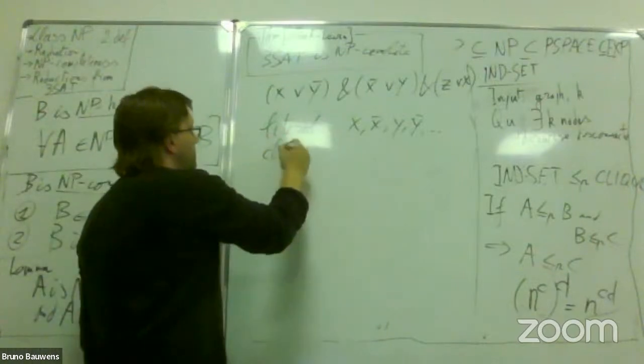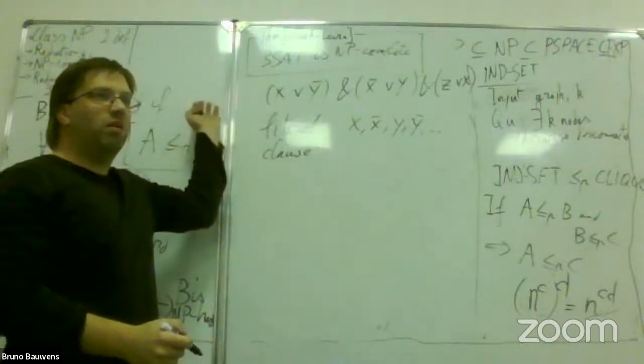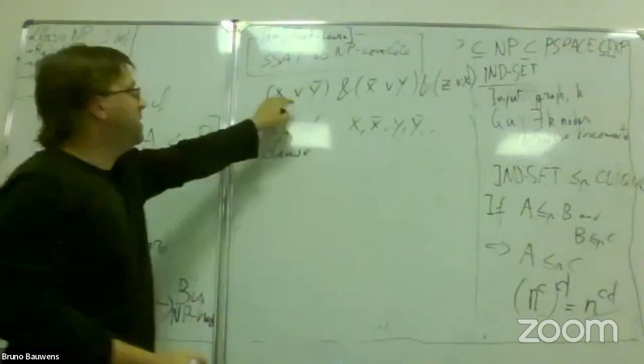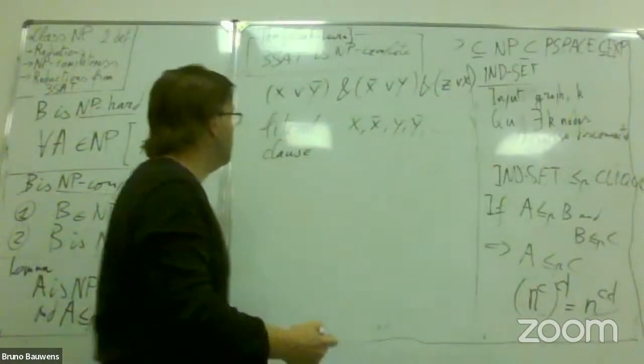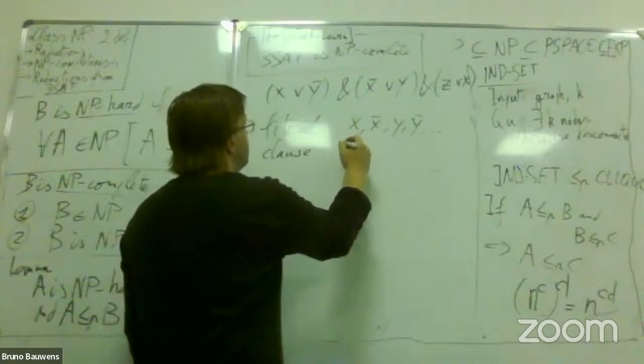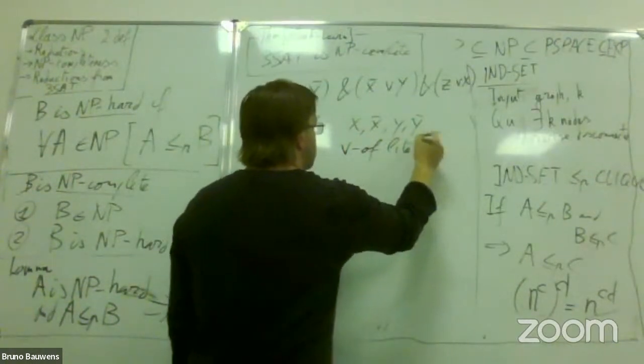A clause is called a disjunction of literals, an OR of literals. So here we have three clauses in the formula.